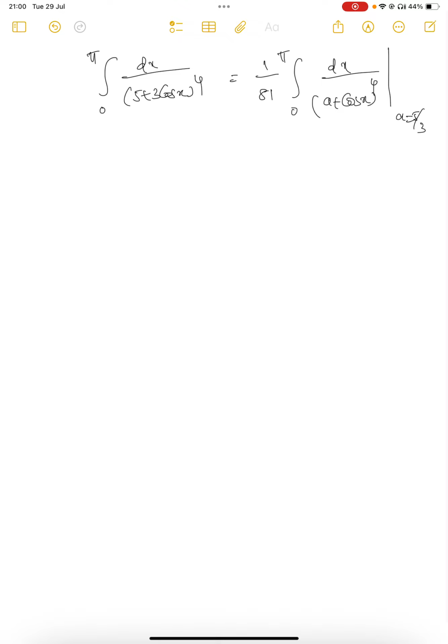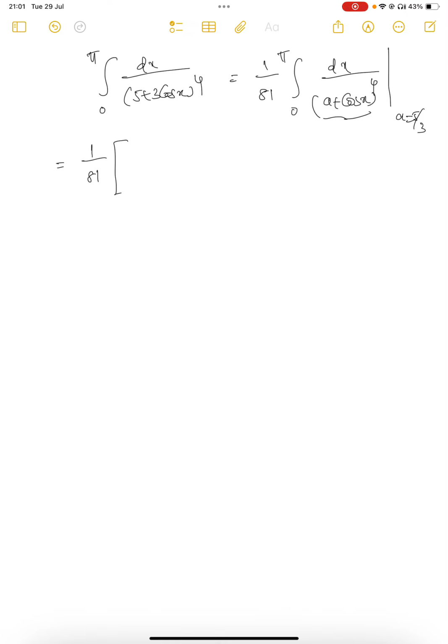Then this will be 1 by 81 into... see here, actually it is in the form of 1 by x power 4. If you differentiate 1 by x, then it will be minus 1 by x square. If you differentiate twice, it will be 1 by x cube, with a factor 2.